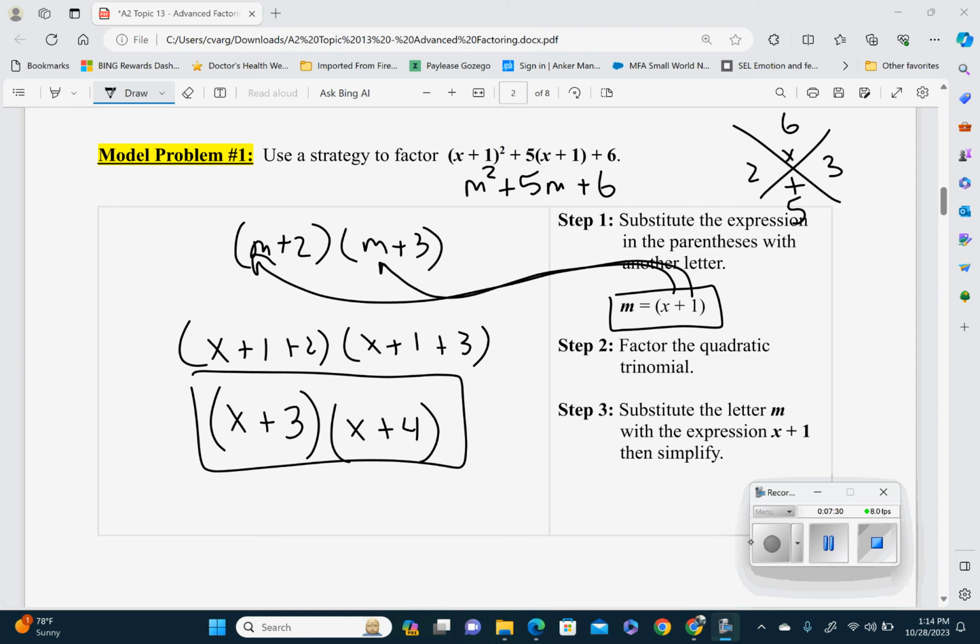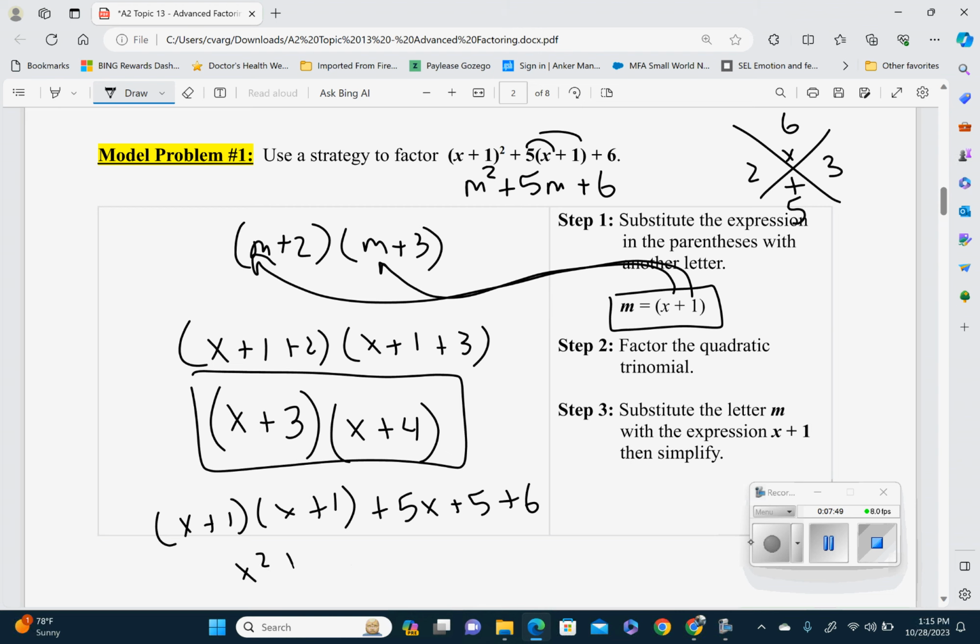And so I can prove that this works by taking this and simplifying it. So x plus 1 squared is x plus 1 times x plus 1, forgive my handwriting, plus 5, right? I go like this, so that's going to be 5x plus 5 plus 6. So this, when I FOIL this out, is going to give me x squared plus 2x plus 1 plus the 5x plus the 5 plus the 6.